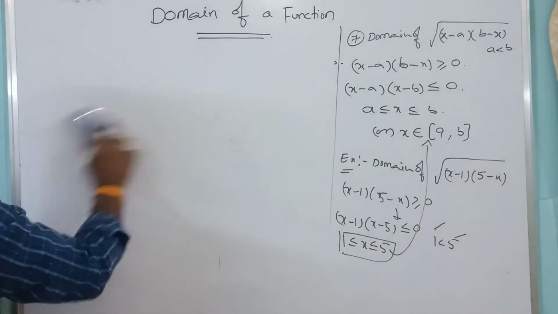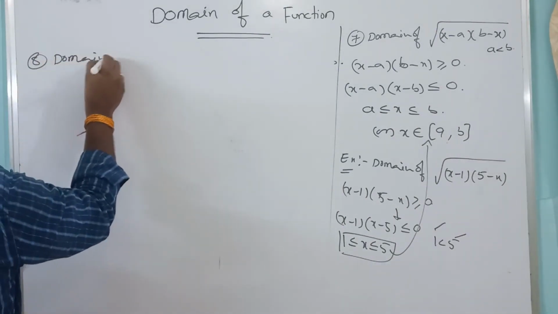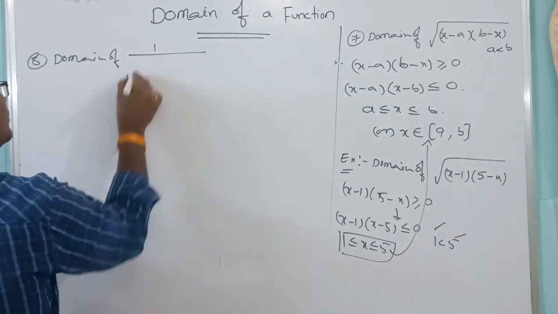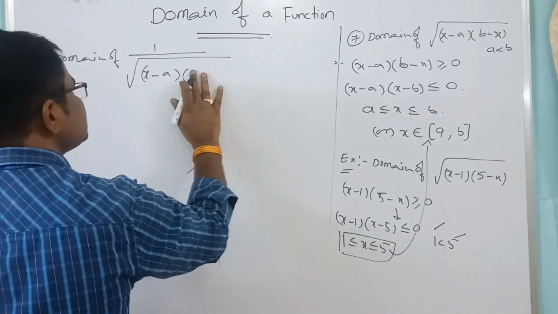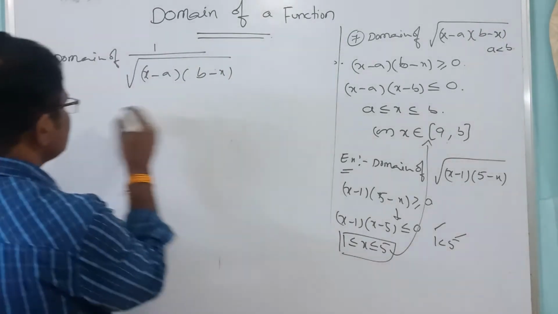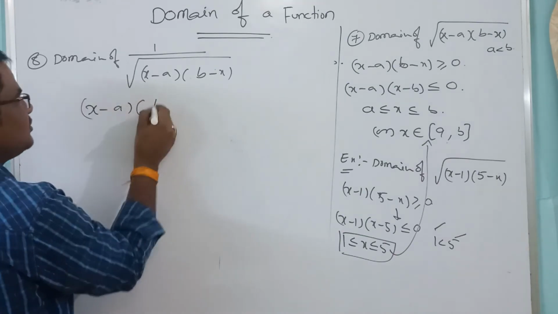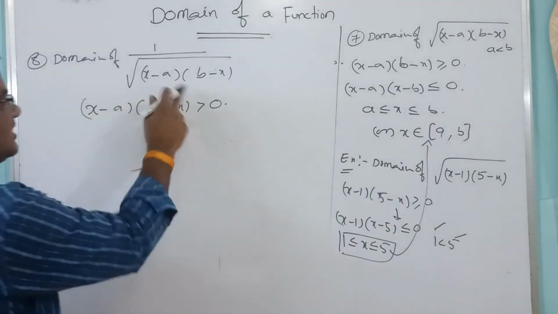Next one. Suppose the given is domain of 1 by root of (x minus a) into (b minus x). How to do? Here also (x minus a)(b minus x) greater than 0, not equal to 0, because it is in the denominator.